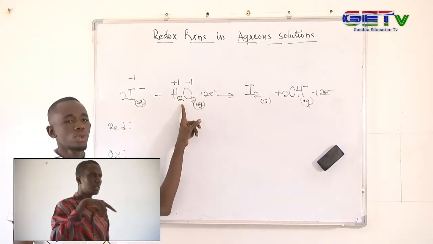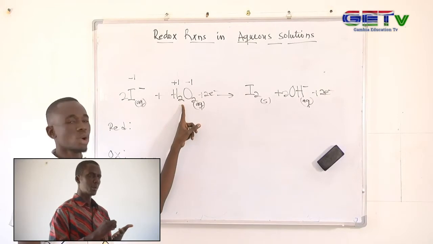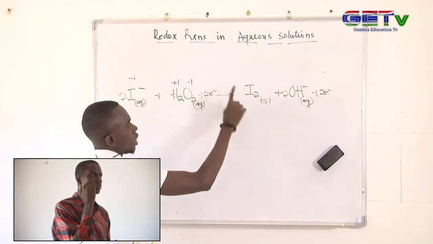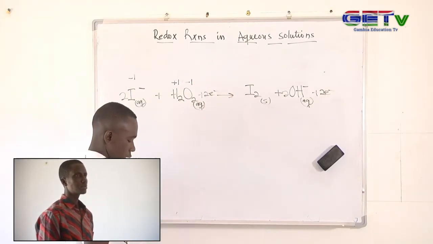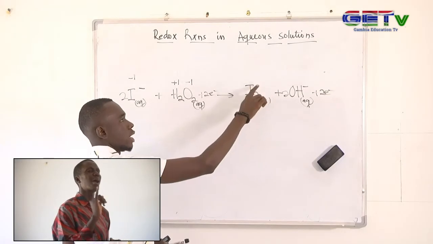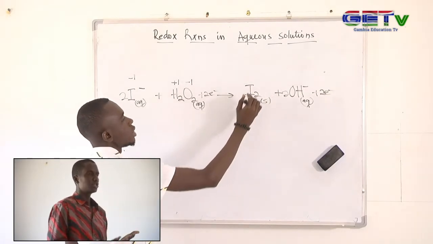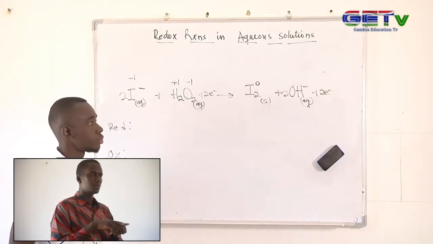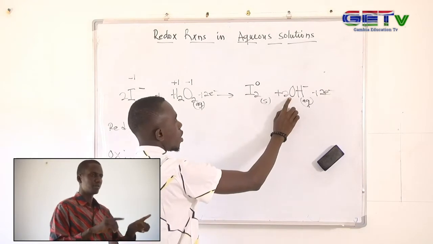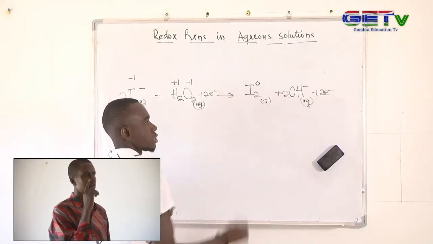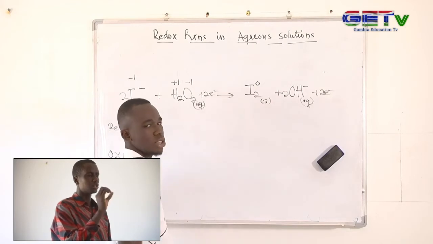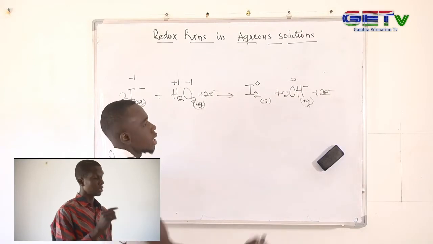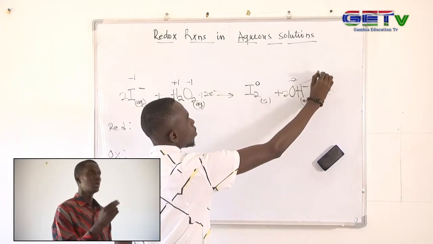In this case we have a peroxide, called hydrogen peroxide. With 2 electrons, it gives us iodine, which is neutral, so the oxidation number is 0. We also have oxygen, which is not in a peroxide here, so oxygen is negative 2, and hydrogen is still positive 1.